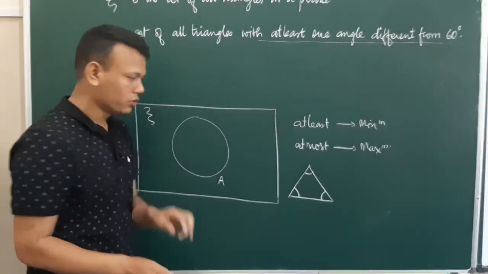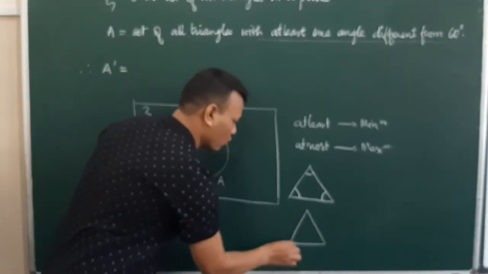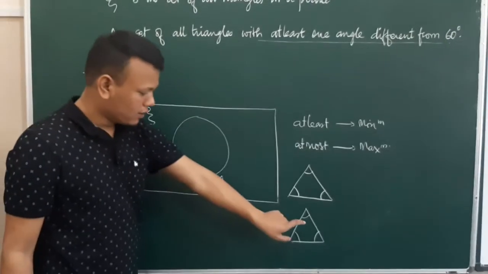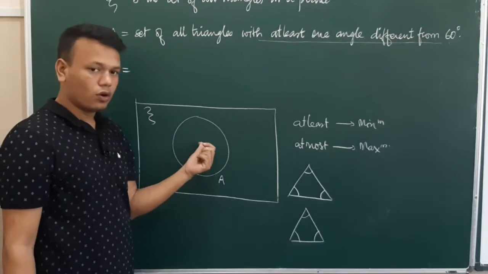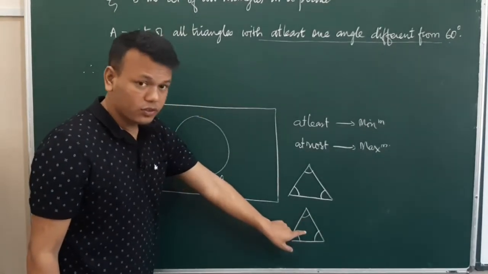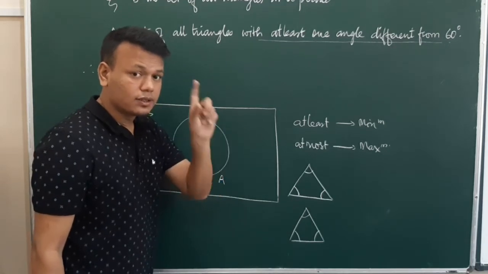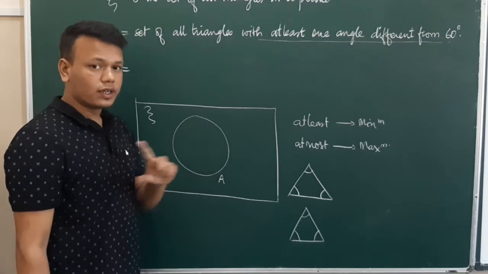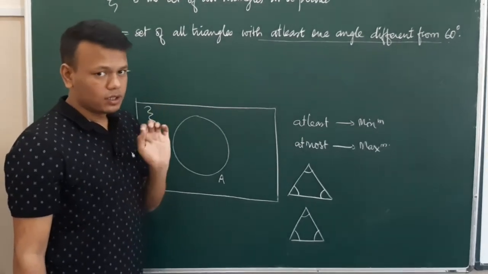Are you understanding? In an equilateral triangle all angles are 60 degree, so these elements do not fall under this, because none of the angles is different than 60 degree. So set A does not contain equilateral triangles.